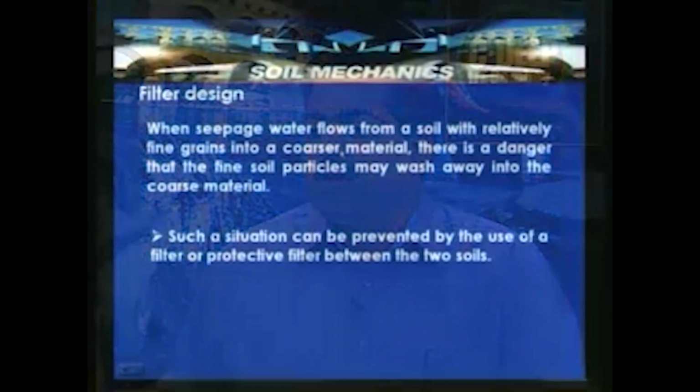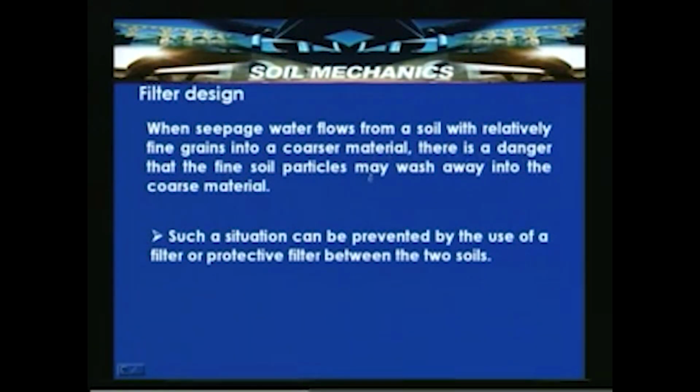So, when the seepage water flows from a soil with relatively fine grains to a coarser material, there is a danger that fine soil particles may wash away into the coarser materials, and such situations can be prevented by use of a filter. So the requirement is to provide filter materials so that this phenomenon can be prevented.